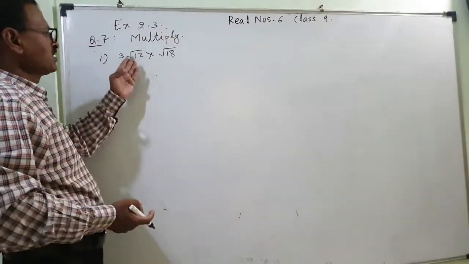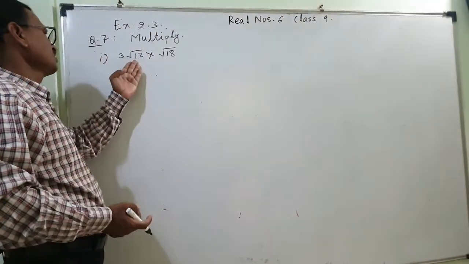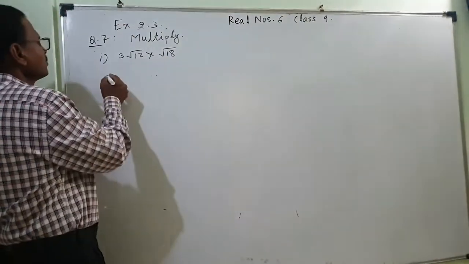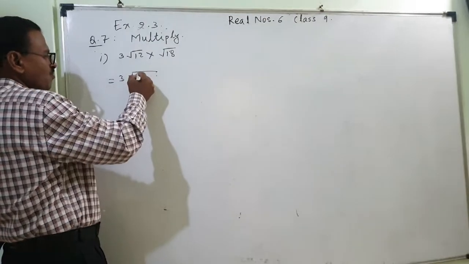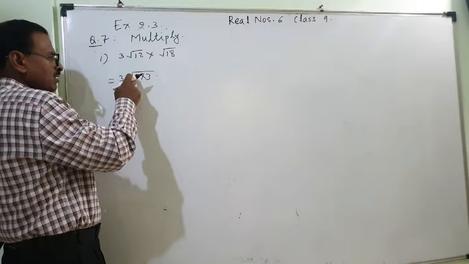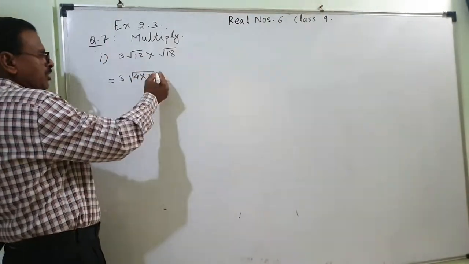First of all, I will simplify this. Means this is 4 into 3, this is 9 into 2. That way I will multiply. So that is equal to 3 root of, this is 4 into 3. Why 4 into 3? Because the root of 4 I know, it is 2.